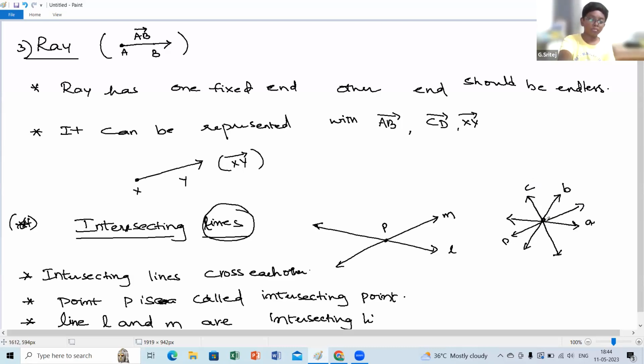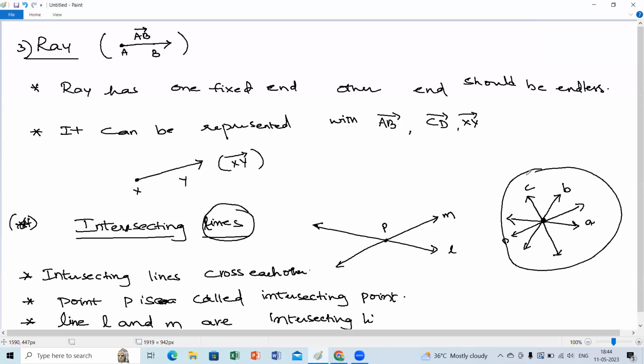Yes. What is this? There is a special name for this. When more than two lines intersect at one point, we call them by a special name. There is a name, children. Please find out and come. That's your task for tomorrow.